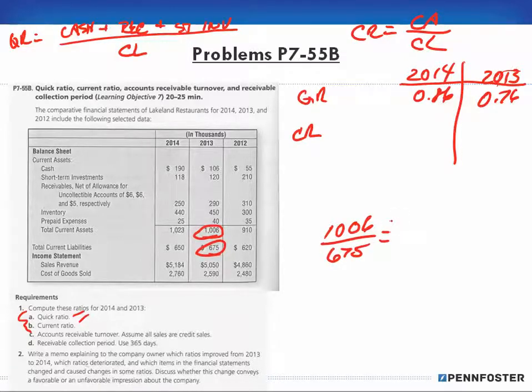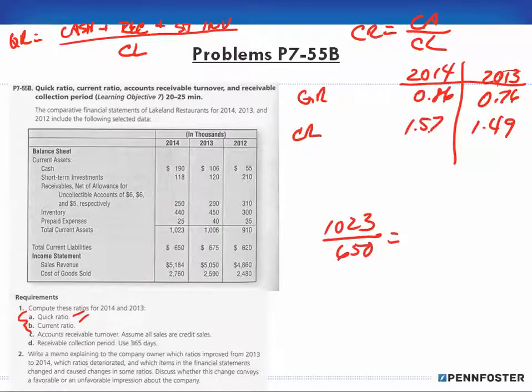And that's going to give me 1.49. And for 2014, we have 1,023 over 650, which gives me 1.57. Next, our accounts receivable turnover is next.